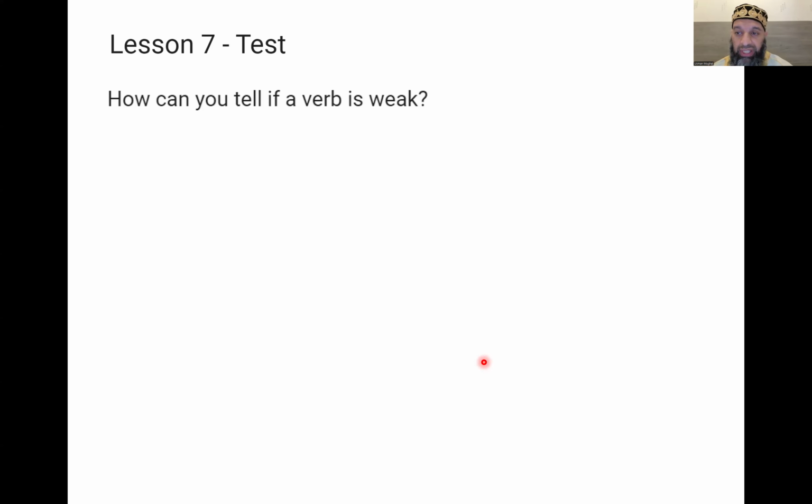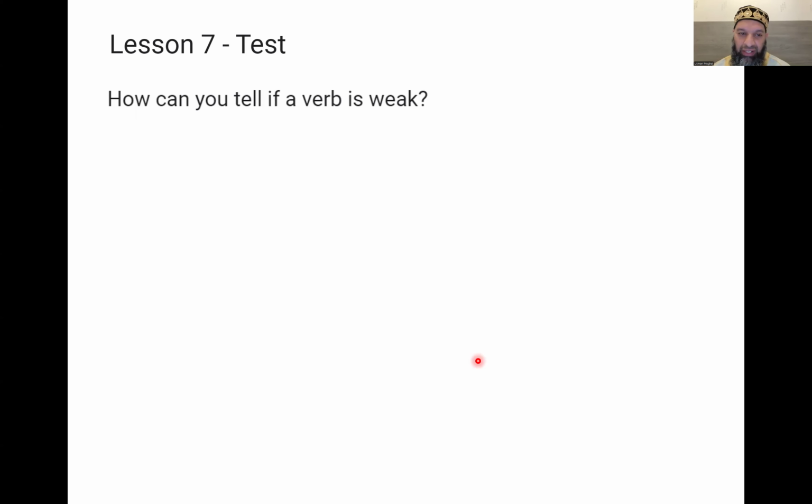Then we went on to the test, and the test is just to try to reinforce the learning. It gives you an opportunity to see what you have yet to learn, what you're making a mistake on, what you don't know. So how can you tell if a verb is weak?